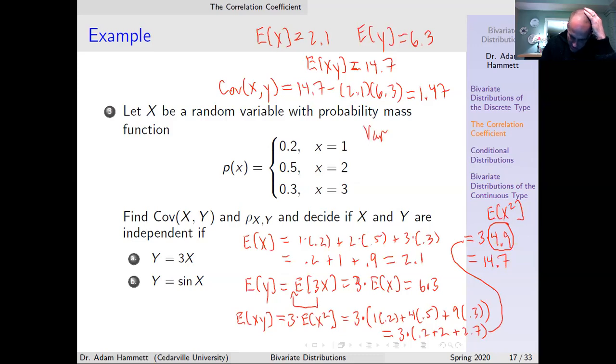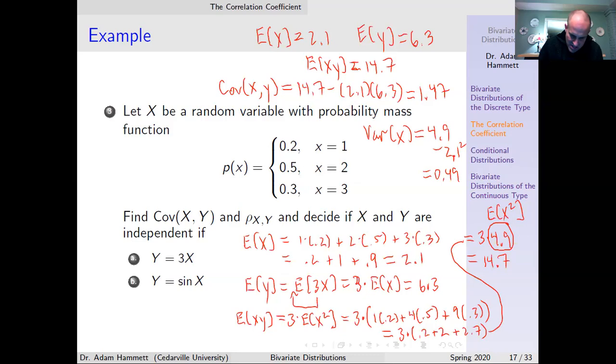So the variance of X is going to be equal to the expected value of X squared, which is 4.9, minus the expected value of X, which is 2.1, quantity squared. So I go 4.9 minus 2.1 squared, and I get 0.49, which is pretty convenient.